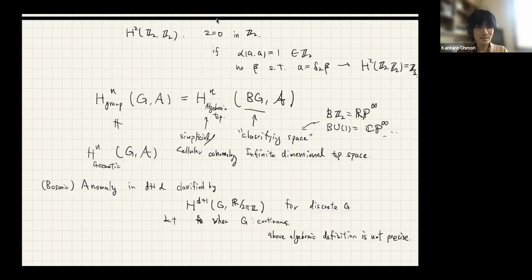From this perspective, the discrete group is easier and the continuous group is more tedious. For the continuous case, you have to deal with some cohomology, and so on. There's some refined version of what I have described to deal with the continuous part.